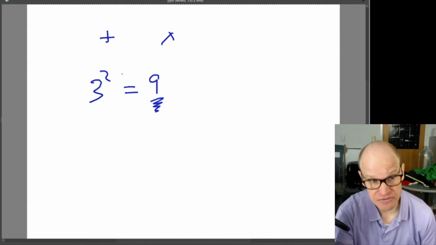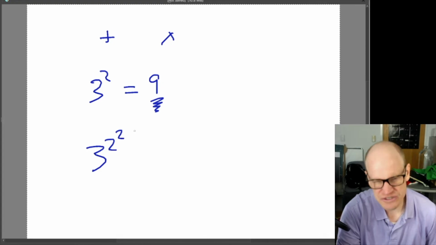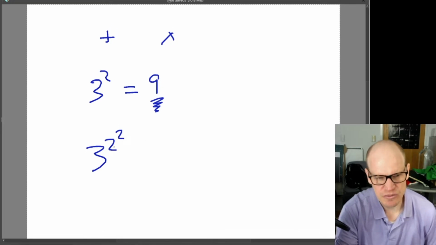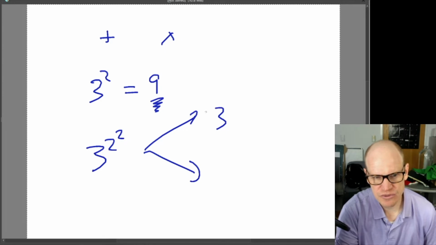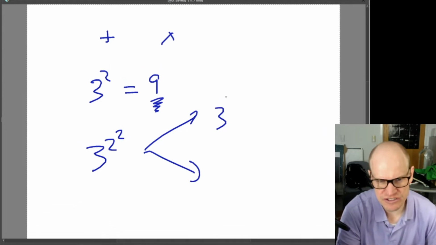It's associative, so I can do 3 to the second to the, what am I going to do? Well, also to the second, I guess. I can associate these in one of two ways. I could do 2 squared is 4. Let's see, is that going to be a good way to do it? Yeah, okay. 2 squared is 4, so that's going to be 3 to the 4th, which is going to be 81.